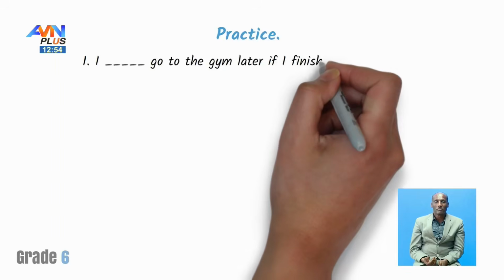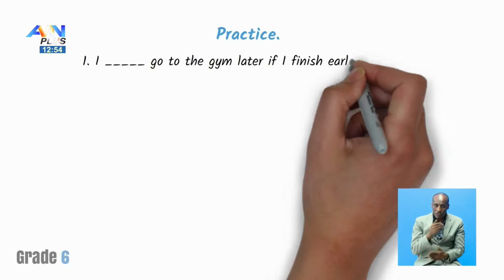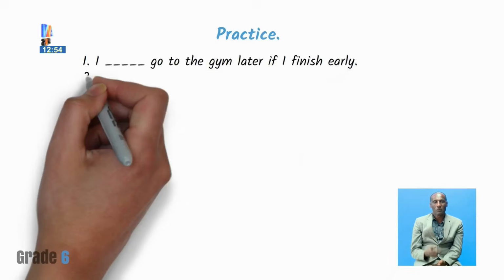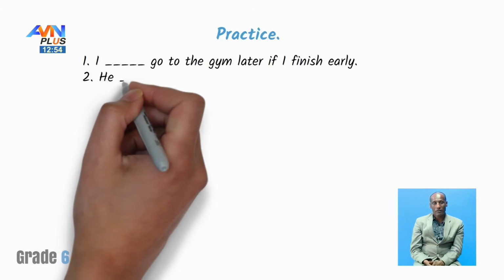Look at this sentence. Now you are going to decide when you see, if I finish early, how do you think is the degree of possibility? Let's see. Another one.